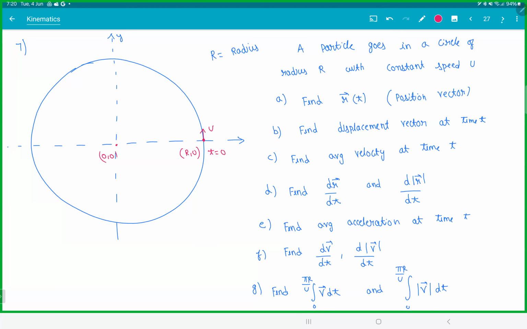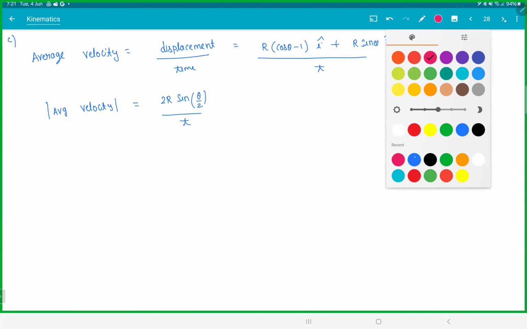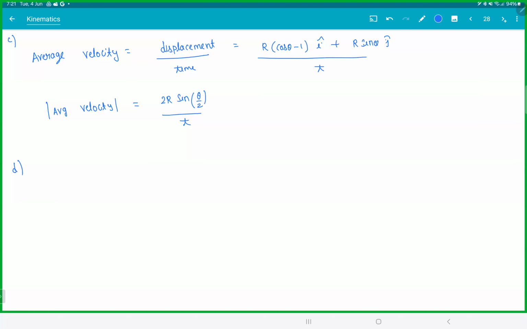See, let me explain the D part. So we have the position vector. There are 2 ways you can do the D part. Say r bar equals r cos(ut by r) i cap plus r sin(ut by r) j cap. So if you want dr by dt, indirectly what you're asking is velocity.